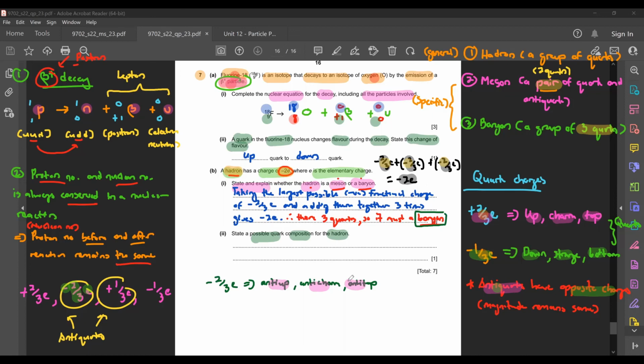In my case, let's say I give you 2 variations of the answer. Maybe I just choose the anti-up quark, so I would say it's anti-up quark, anti-up quark, and anti-up quark.